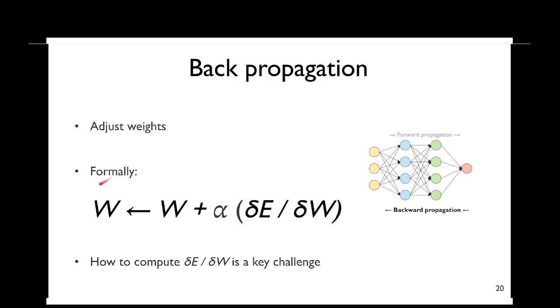So formally, we denote what we're after as W becomes the existing W plus alpha, the step size, times delta E by delta W, the derivative of the error. So a key challenge in neural networks will be the computation of delta E by delta W. And we will introduce the concepts behind this in this lecture, and we will have a dedicated lecture to the computation of delta E by delta W coming up later.